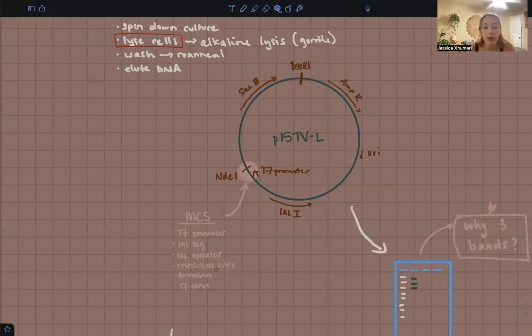And then we have our restriction sites, which are around. We have thrombin. I want you to think about what thrombin does. If you can, pause and think about it. Thrombin is a protease which will cleave the site that it's attracted to. So here there's a thrombin site.